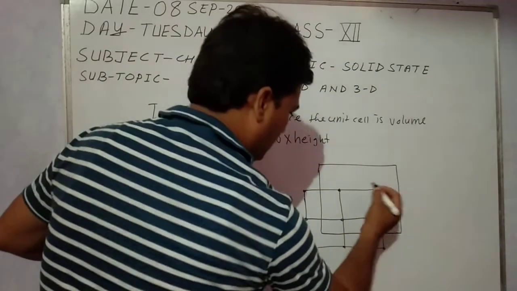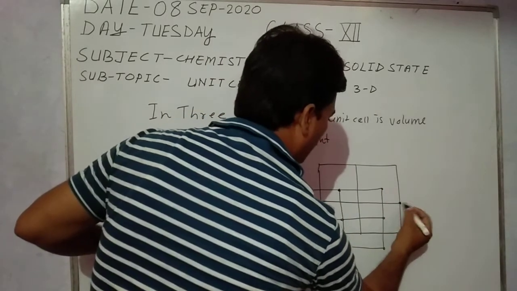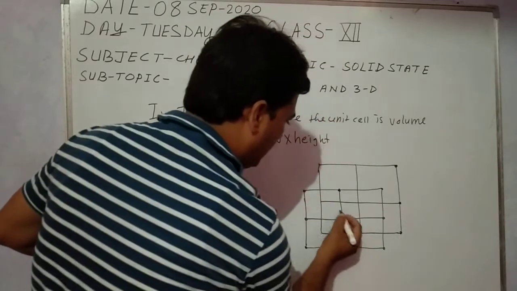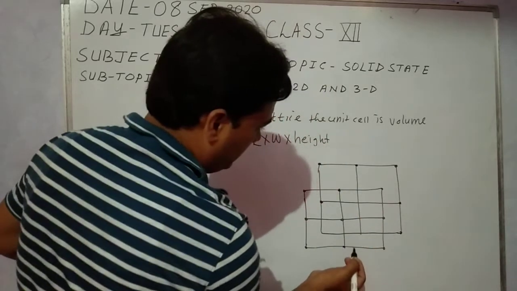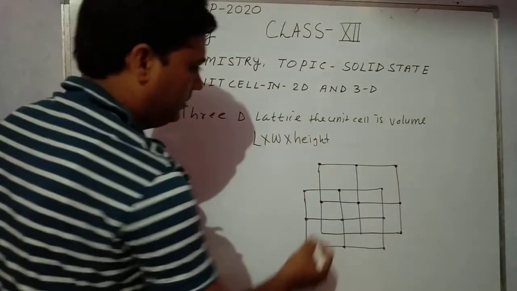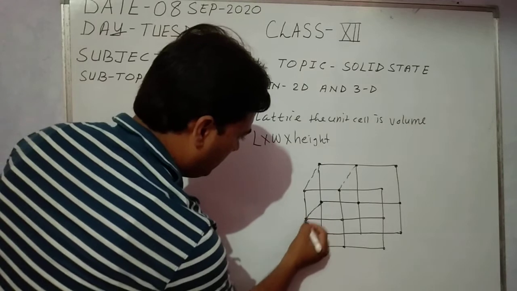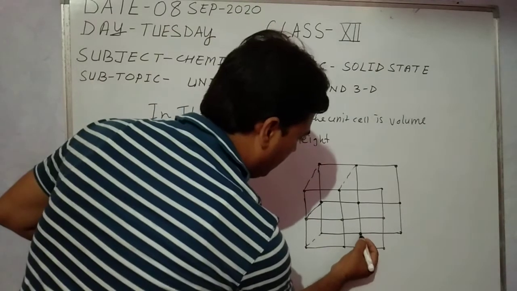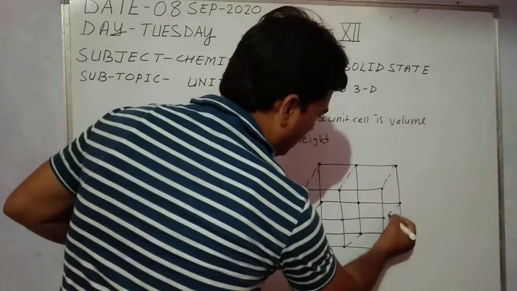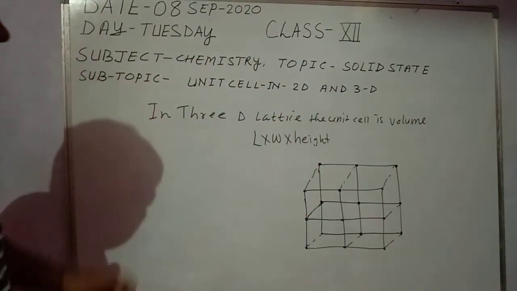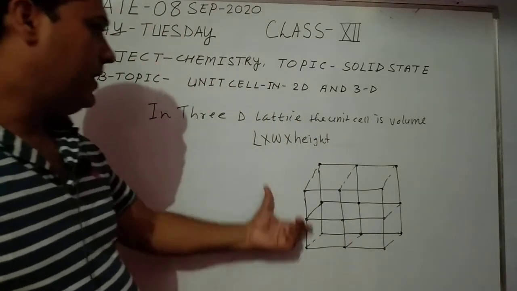Each point contains a lattice point. This is the lattice point, and this is the lattice point. So this is the three-dimensional lattice. So in this way we can represent the three-dimensional lattice.